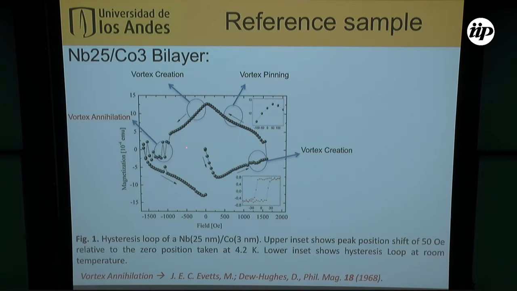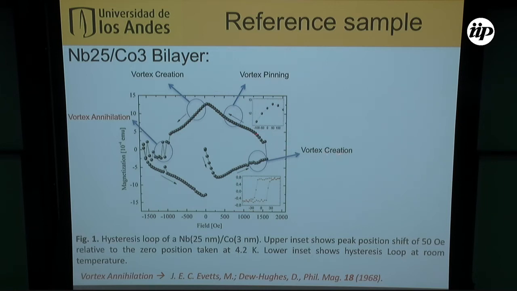So indeed, you have a normal magnetic response of a type 2 superconductor. Remember, all the magnetic field is being applied in plane. So you have a Meissner effect, you have an HC1, then you start putting in vortices, vortex creation, I call this phase.